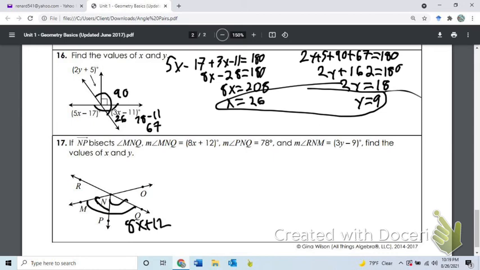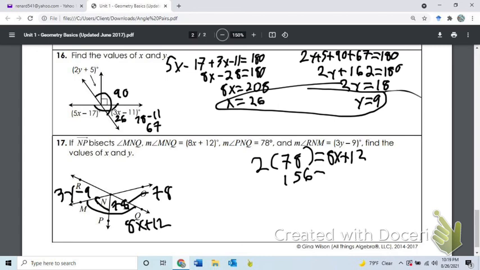We know that PNQ, which is half of that, or one of the split angles, is 78. And we know that RNM is 3y minus 9. So half of MNQ is 78, so 2 times 78 is going to be 8x plus 12. 2 times 78 is 156, which makes x 18.